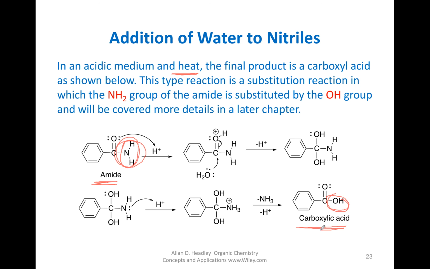So the take-home lesson is, if you have an amide in the presence of an acid and water and heat, the final product that's isolated is a carboxylic acid, where the NH2 is replaced by an OH.